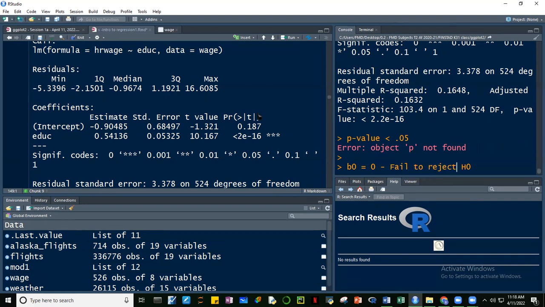We fail to reject the null hypothesis. Our null hypothesis is H null: beta null is equal to 0, and we fail to reject it because the p-value is not less than 0.05. So there's strong statistical reason to believe that our intercept could be 0.